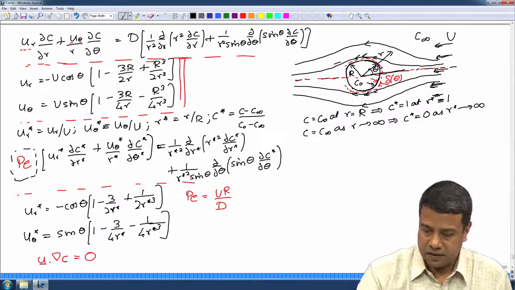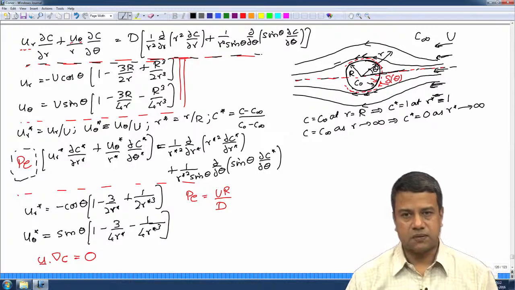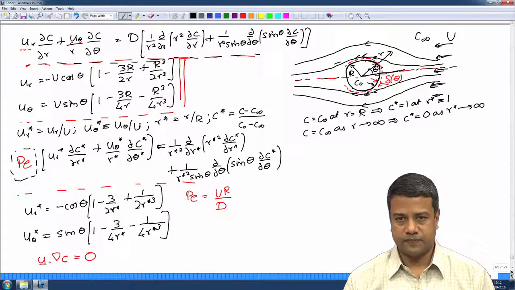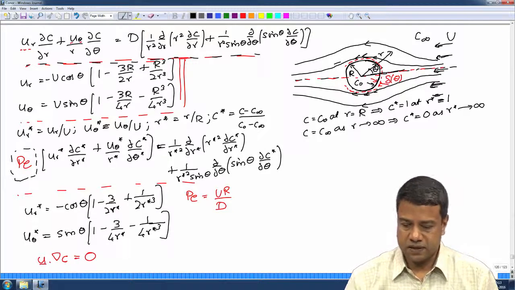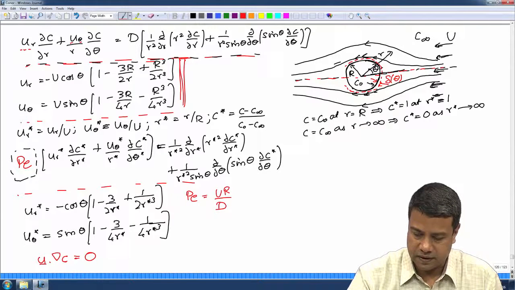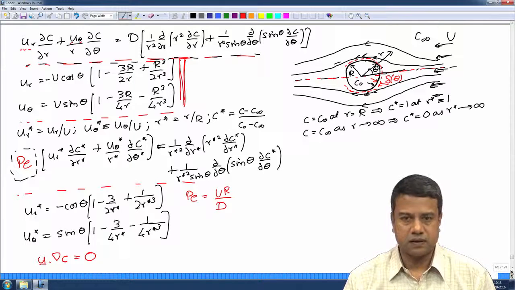We had written down the balance equation, the convection diffusion equation at steady state. Of course, we need prescribed velocities for the fluid flow before we can solve the problem. Those velocities for a laminar flow were given here. We had scaled the velocities and got a convection diffusion equation.